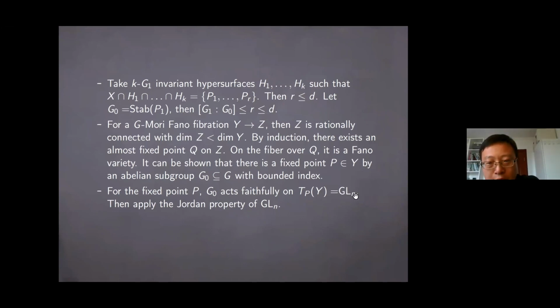So here is a typo. G0 acts faithfully on this tangent space, so G0 embeds into this GLn, not equal. This is a typo. Then we apply the Jordan property of GLn, and we get that G0 also has this Jordan property. So this is the rough idea.